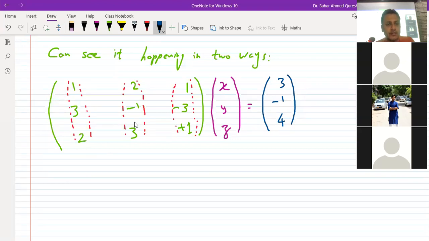One is that I look at these columns and then I make a linear combination of these columns, with the coefficients coming from the vector with which I'm multiplying this column.